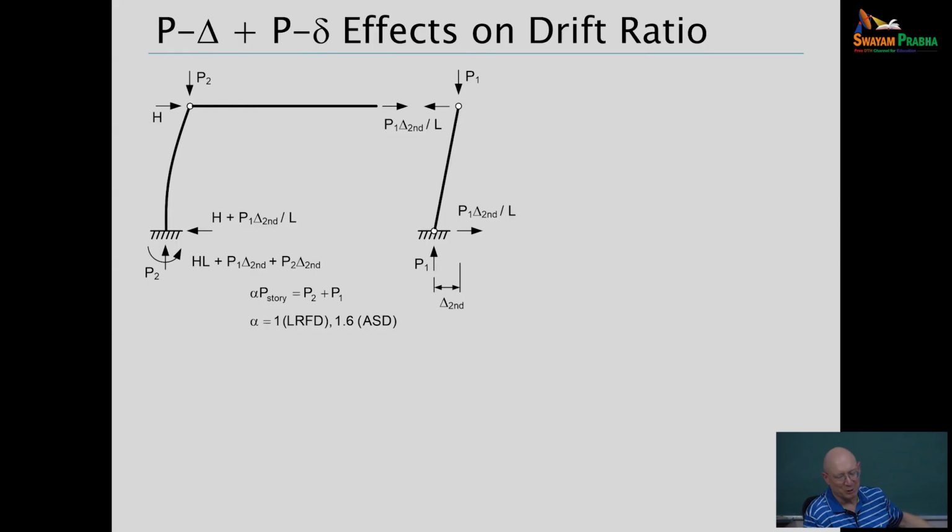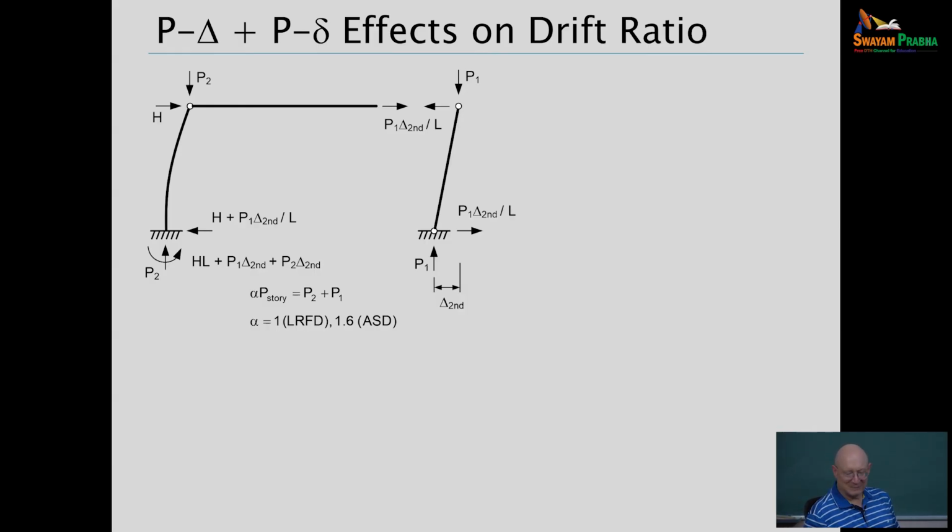So we've got additional sidesway moment. And let's drill down into that. So the alpha P story here is P1 plus P2. You can say let's suppose those are factored loadings for some load combination we're checking.